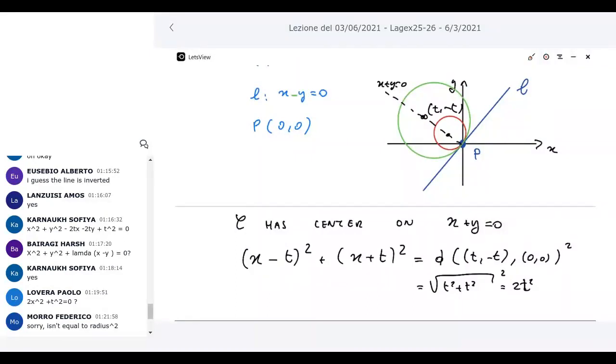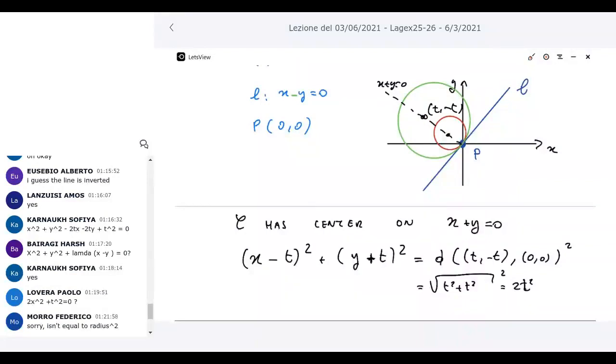And so you can find all these equations, okay? And now, if you take this equation and you substitute x and y, because we want to have center (t, minus t), x and y. Okay, so this is the situation we want.